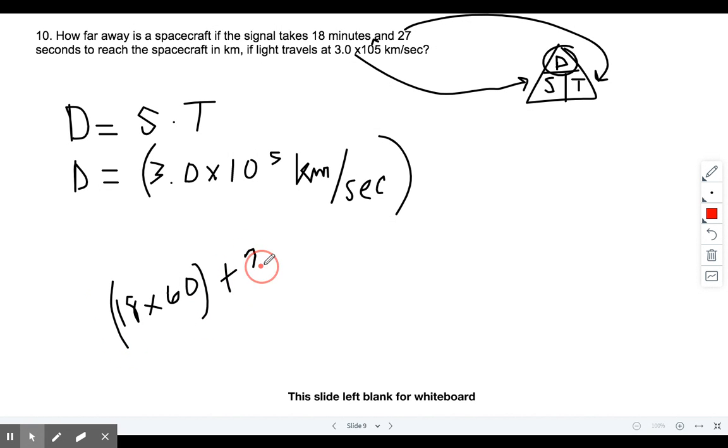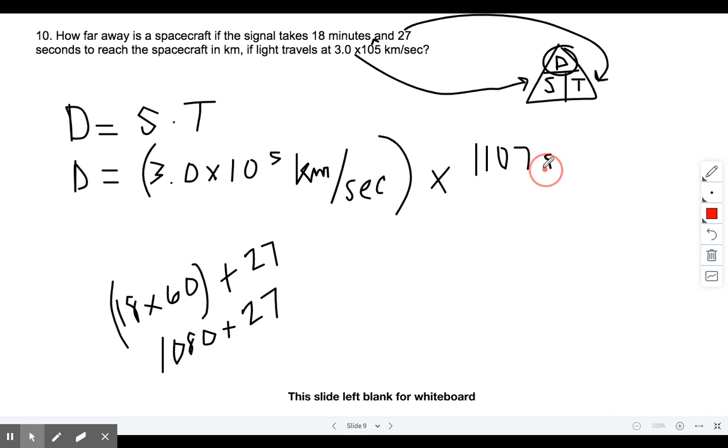That gives me 1,080, and I add that to the 27. And so it takes 1,107 seconds for this signal to reach us.